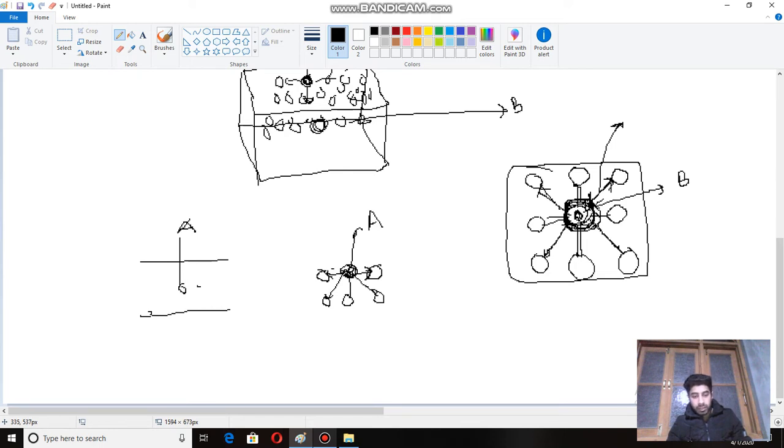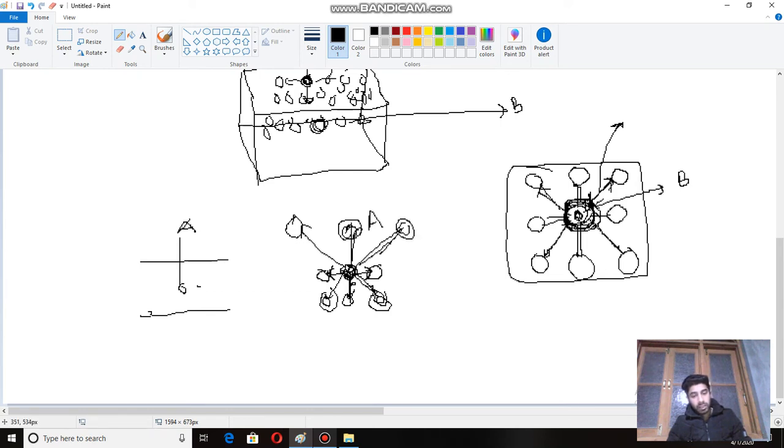This force is being balanced by this force here, but look at this force of attraction. There is no molecule to balance this force. Similarly for this, there is no molecule present here which can balance this force. Similarly for this, there is no molecule present here which can balance this force.